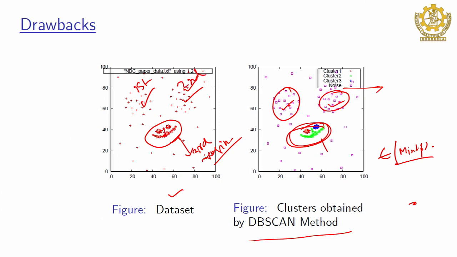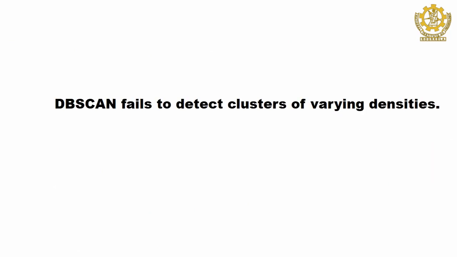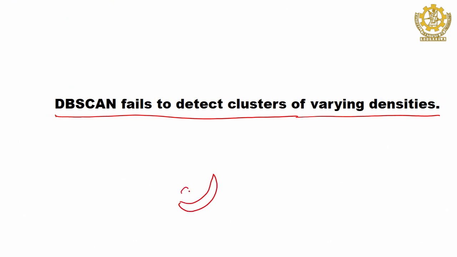That means if the data set has clusters with varying density, then DBSCAN cannot work. Therefore, the major drawback of DBSCAN is that it fails to detect clusters of varying densities. As you see in the last example, you have one cluster here, another cluster here, and within these 3 clusters the density also varies heavily. In that case DBSCAN cannot work.